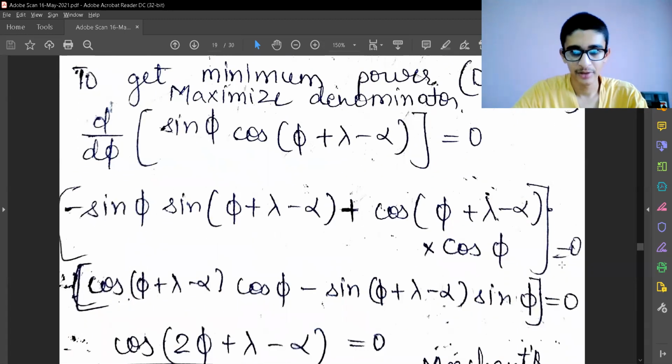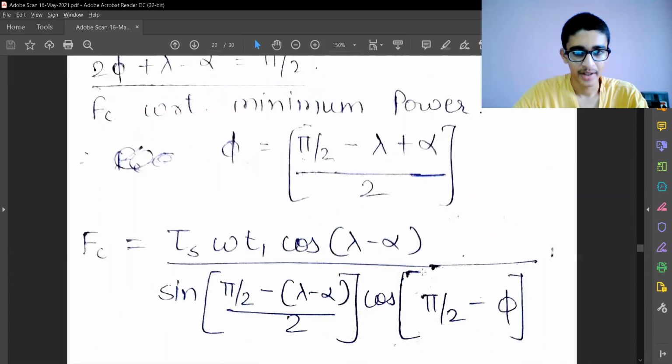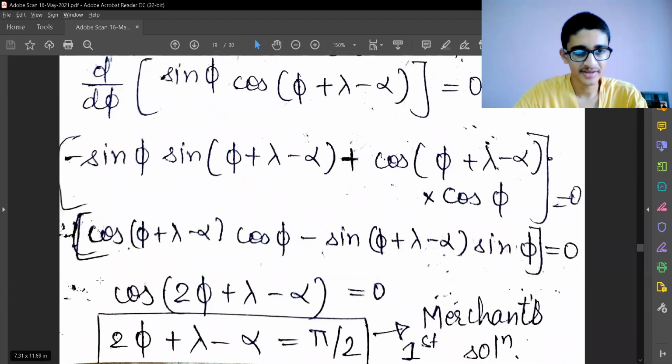This is the value we get after differentiation, and equating to 0, this is the condition we get: cos of (2 phi plus lambda minus alpha) is 0. So the condition will be when the cos of that angle is 0, that means 2 phi plus lambda minus alpha is equal to pi by 2, or 90 degrees.